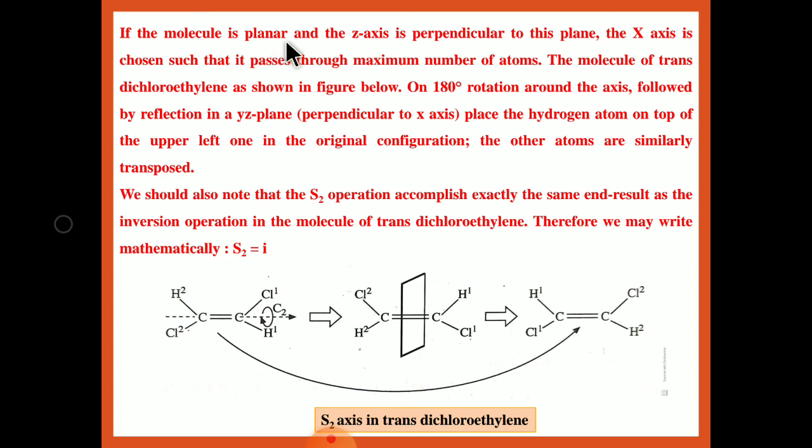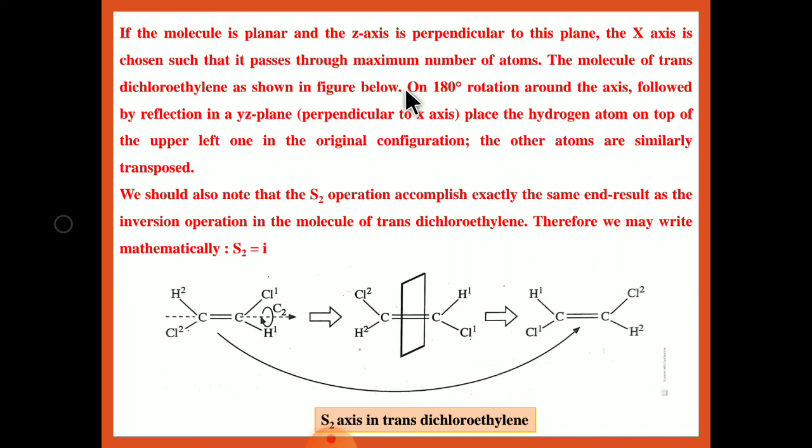If a molecule is planar and the z-axis is perpendicular to the plane, the x-axis is chosen such that it passes through the maximum number of atoms. The molecule of trans-dichloroethylene is shown in the figure below.